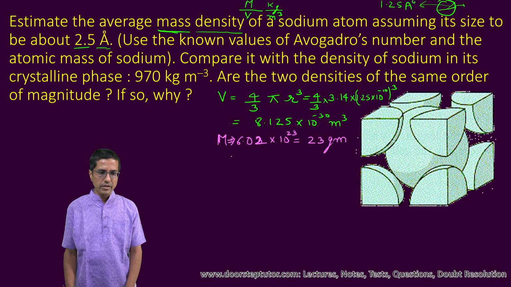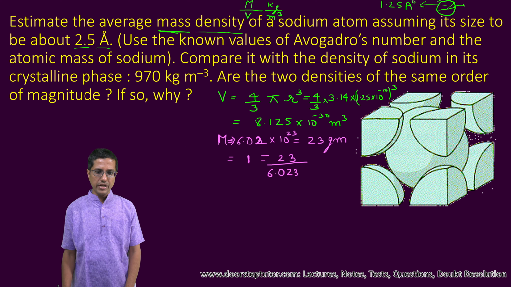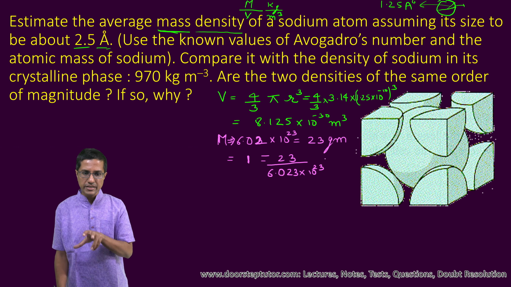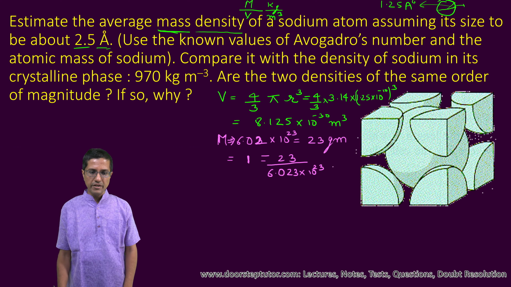Now, from there, we can find out that one of these atoms actually weighs 23 divided by 6.023 into 10 to the power of 23, and this is of course still in grams. So if I divide it by 1000 more, then I have this number in kilogram.